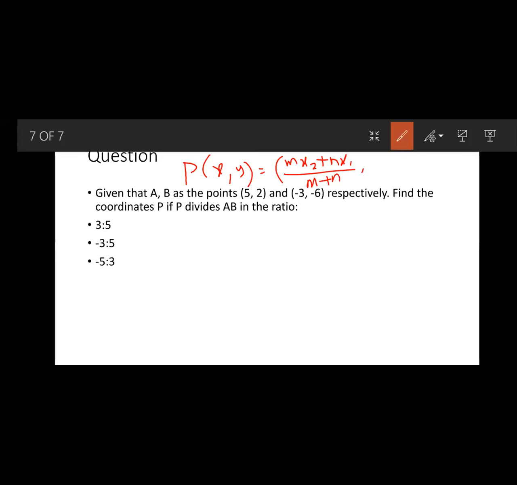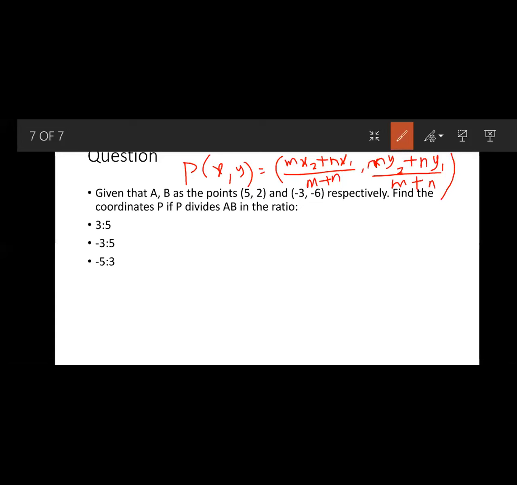Then for y, it will also be my2 plus ny1 over m plus n, the same format. If you like, you can put it as n plus m, whichever one. So that's the formula.